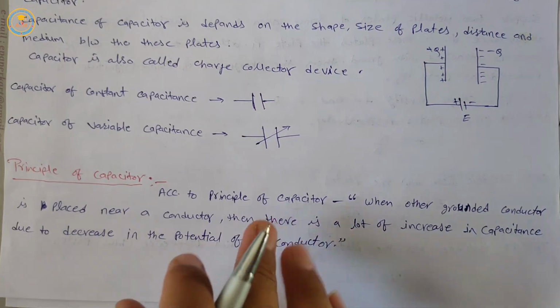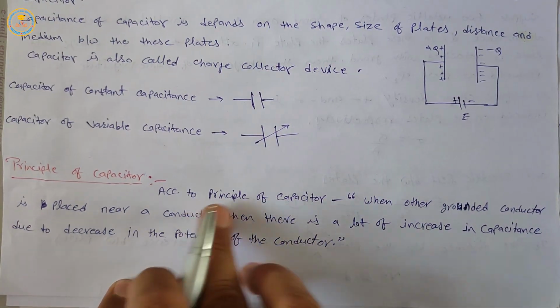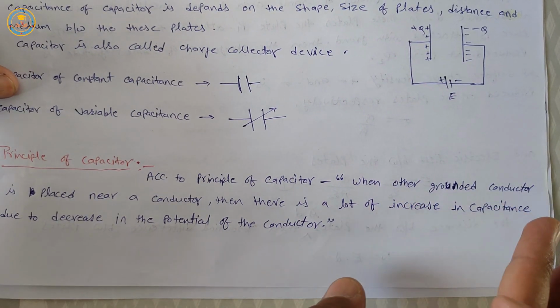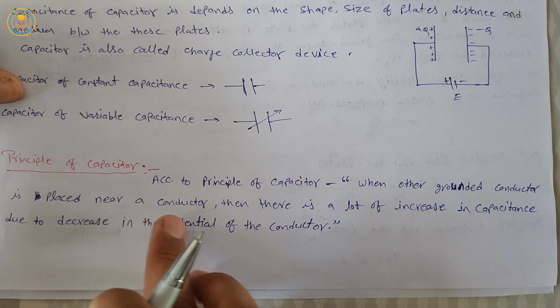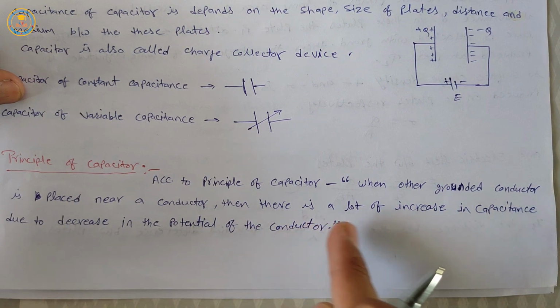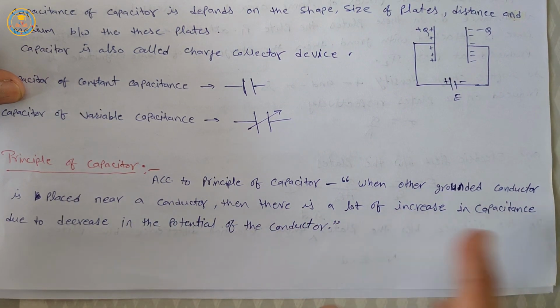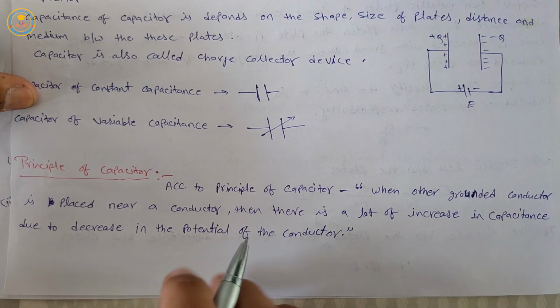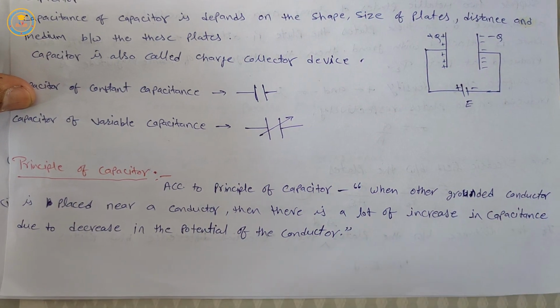According to this principle, when another grounded conductor is placed near a conductor, there is a lot of increase in capacitance due to a decrease in the potential of the conductor.